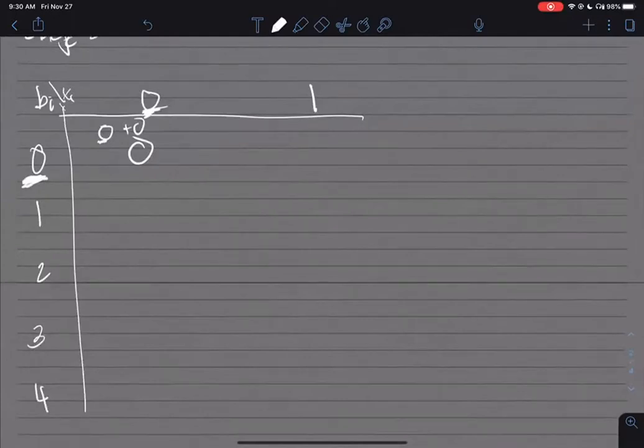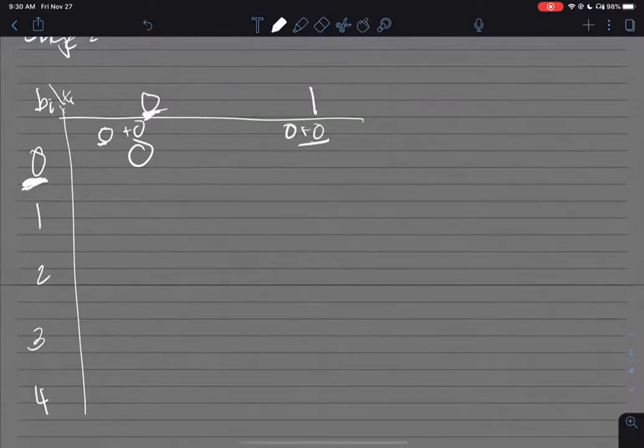Okay. 0, 1. 0 weight available for items 2 and 3. Therefore, I cannot bring 1 item of item 3. Or sorry, this becomes a 0 plus 0, 0. Now, if I have 1 unit weight available for item 2 and 3, can I bring 0 items of item 2?